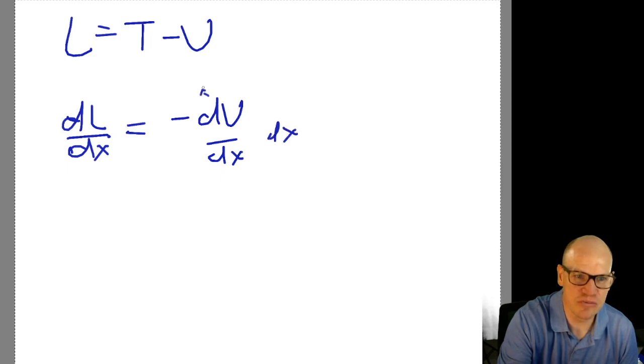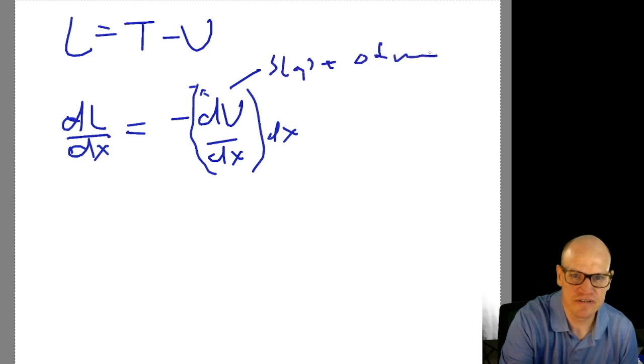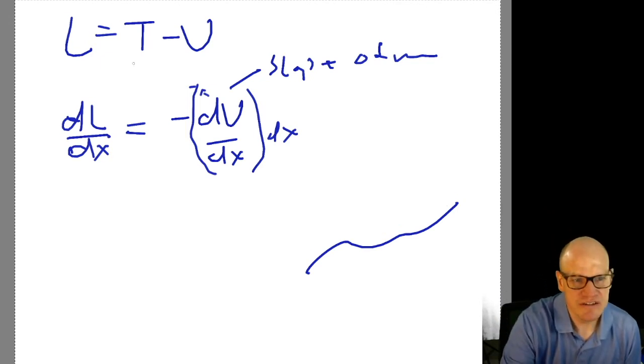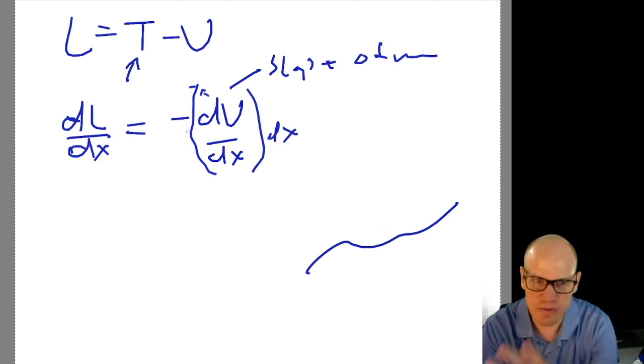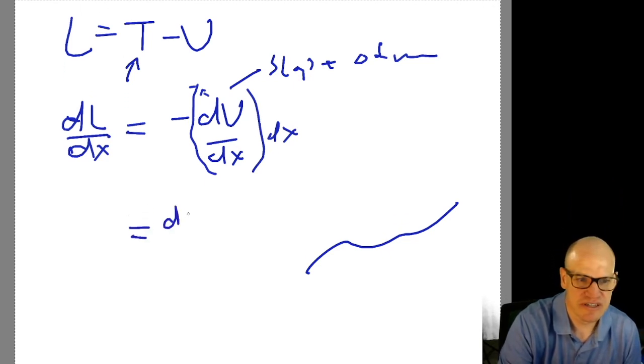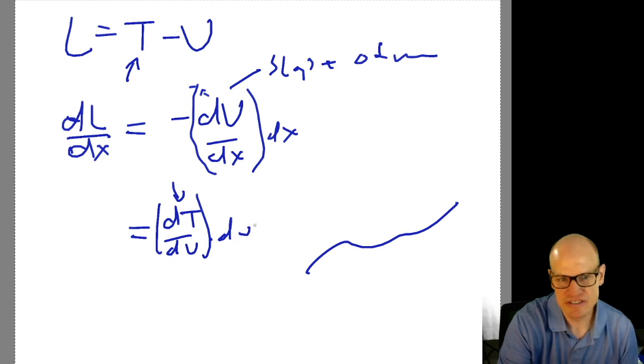So this is the slope. This right here is the slope of whatever the potential energy happens to be. That change in the slope on one side is going to cause a change in the kinetic energy. That change in the kinetic energy is going to be dT/dv times dv. So it's whatever the slope of the kinetic energy function is times dv.